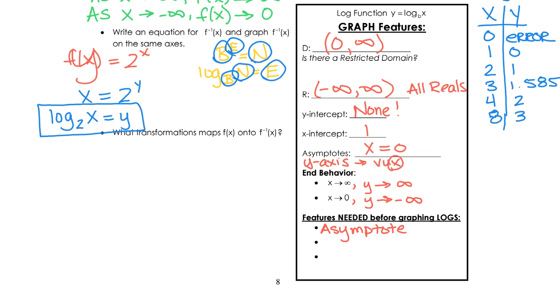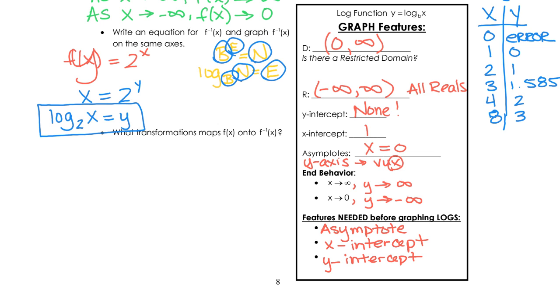Your x-intercept should be included. There should be one. And if there's a y-intercept. The only time we're going to get a y-intercept with our logs is if there's a shift or something that makes it translate on our graph, because normally there wouldn't be a y-intercept.